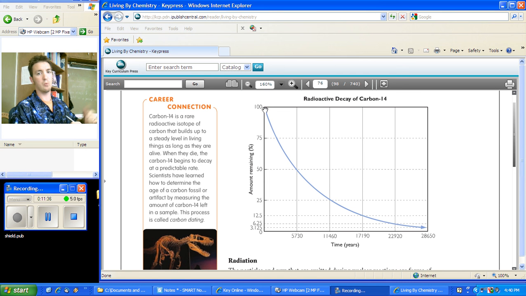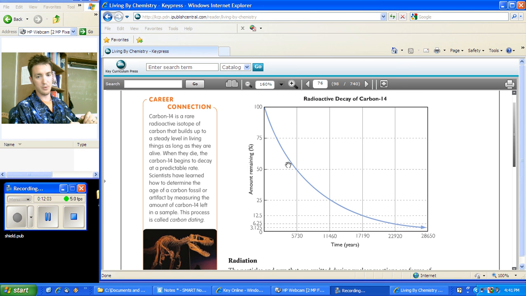So what they really do with it is they have this nice little graph where at any time, any amount that they find, they can figure out the age. So if you dig something up and it has 60% of its carbon left, you look on the graph, up to 60%. So it would be maybe exactly like 5,700, or that's 5,600.